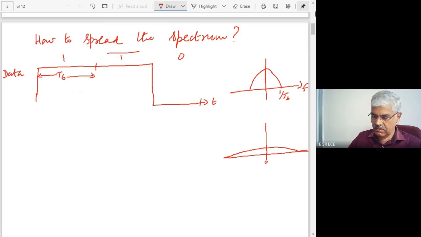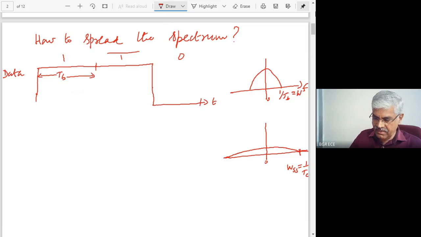This large bandwidth, let us say B, is equal to the original W; we can call it WSS, which is equal to 1 by TC. Now what is TC? I will show you. This is the original data we had, and the corresponding spectrum was like this. I wanted to spread it like this.